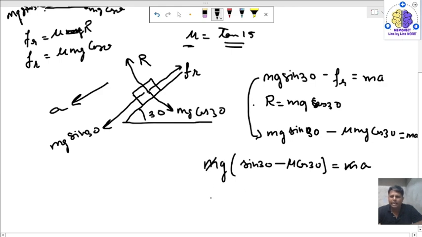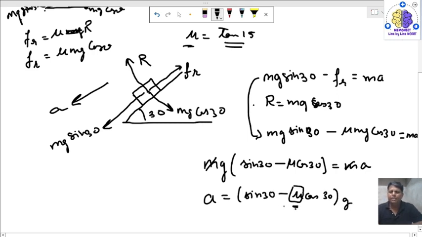What we get is acceleration is equal to sin 30 minus mu times cos 30, into g. So mu can be taken as tan 15, right? Putting the values of tan 15 and sin 30, we can easily get the value of acceleration, right? This is how we will be doing this numerical.